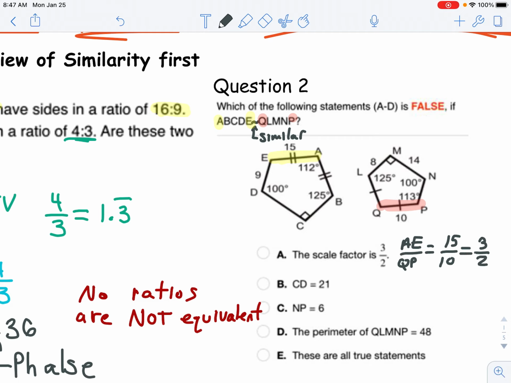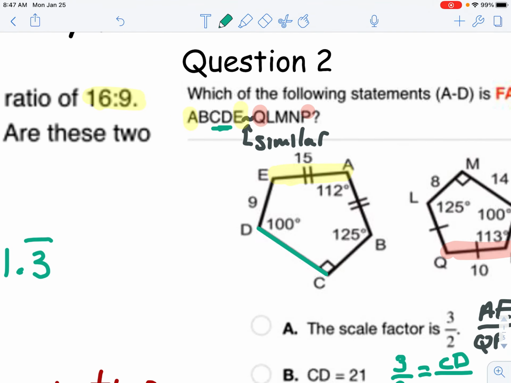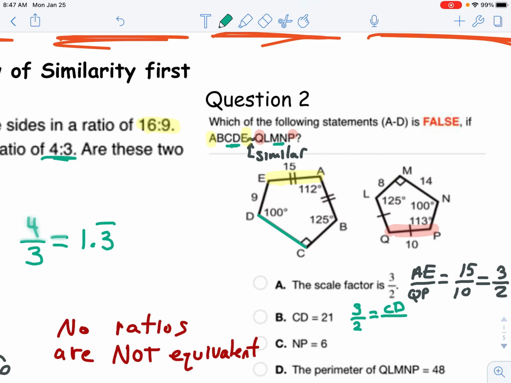So it's saying which one's false, not that one. Now, it's asking me for the length of CD. So let's go ahead and compute that. I already have the scale factor, I know the scale factor is 3/2. CD is what I need. And what corresponds to CD? Well, in my similarity statement, that's the third and fourth letter, so that's going to correspond to MN.